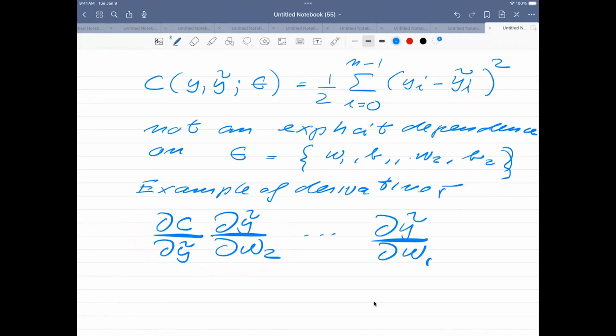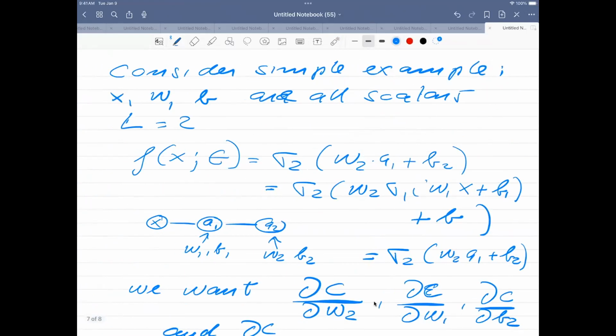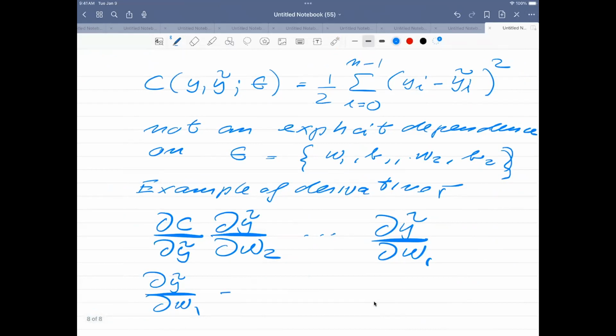So a typical derivative which you may end up having would be a dy tilde of dW1. If we go back to the expression which we have here, you see how you can use the chain rule to get that one. What you would get in this case looks like sigma 2 prime, the derivative of that function, and then I have W2 multiplied with sigma 1, W1 times x plus b1, plus b2.